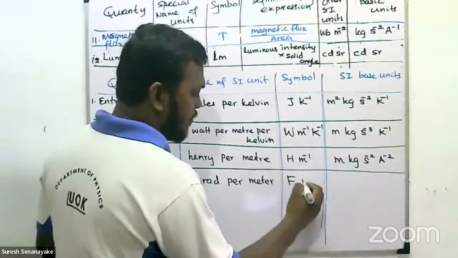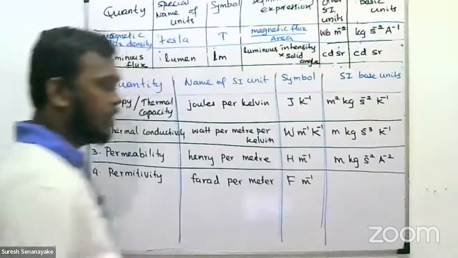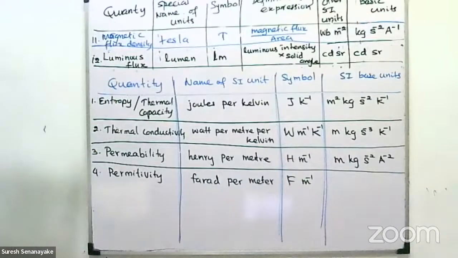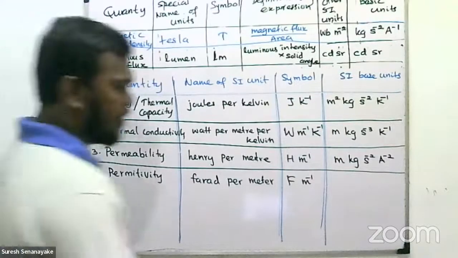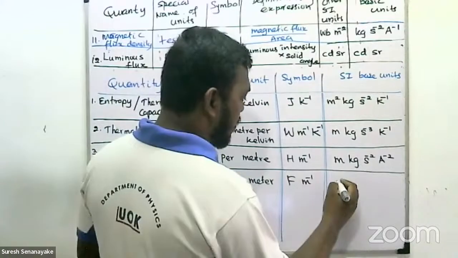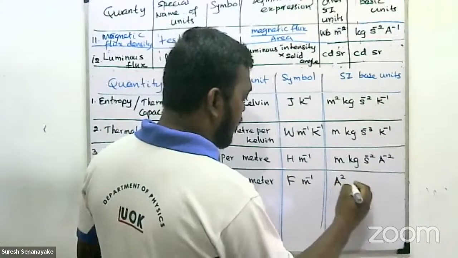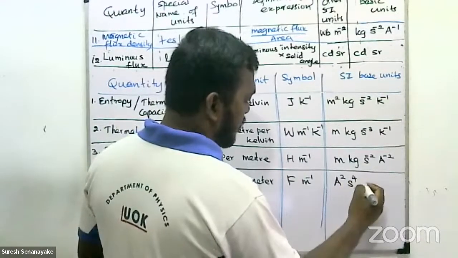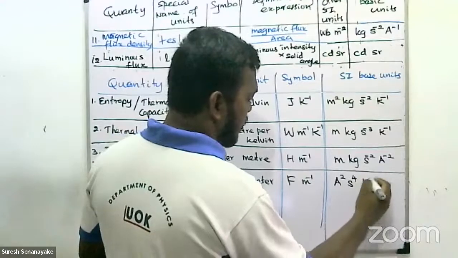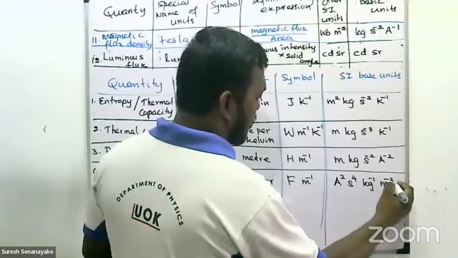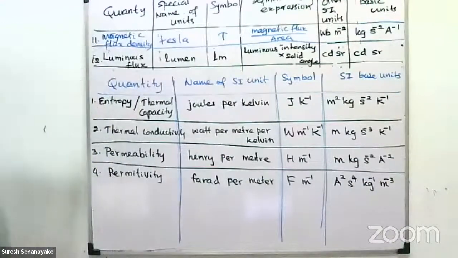In SI base units, it is ampere square to the 4, kg minus 1, m minus 3.